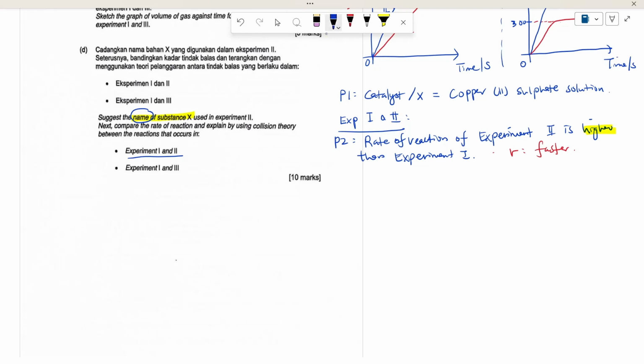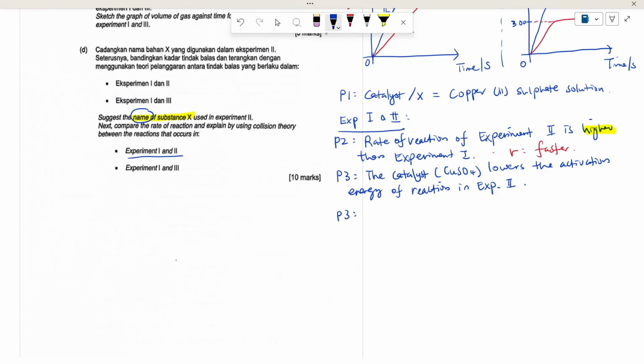Next, because of the catalyst, the copper(II) sulfate solution lowers the activation energy of reaction in experiment 2.